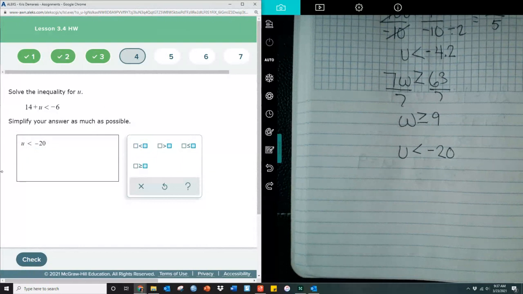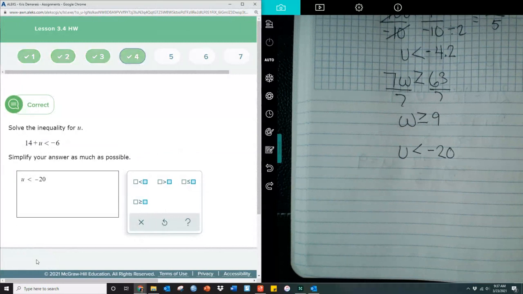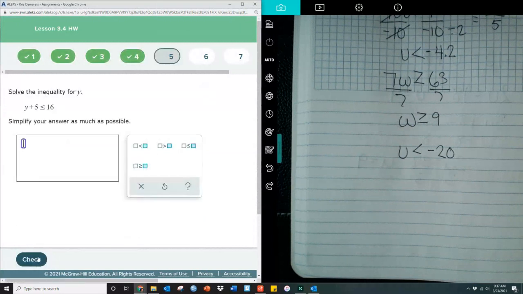Some students get confused and think that if they see a negative answer, they should switch the inequality symbol. Don't do that. That's a mistake a lot of students make. Next, we're subtracting 5 from both sides, and I leave the inequality symbol as is, so it's less than or equal to. So it's y, and subtracting 5 from 16 gives us 11.